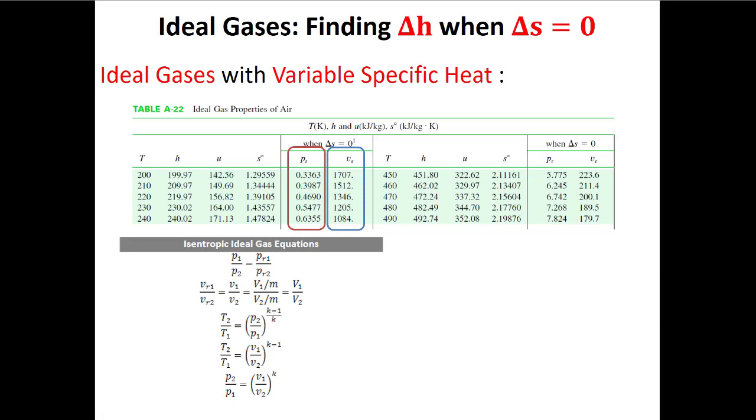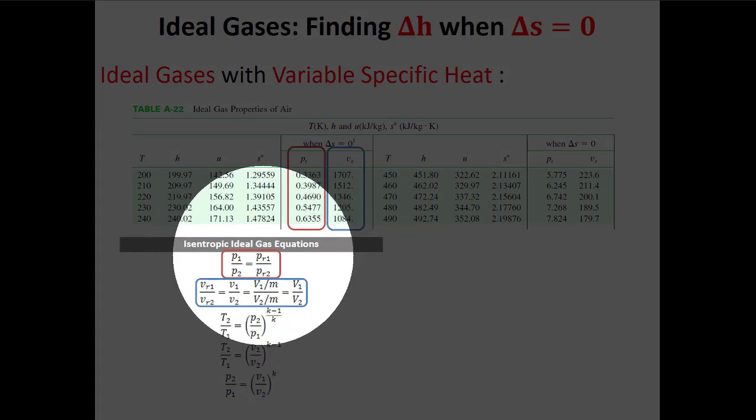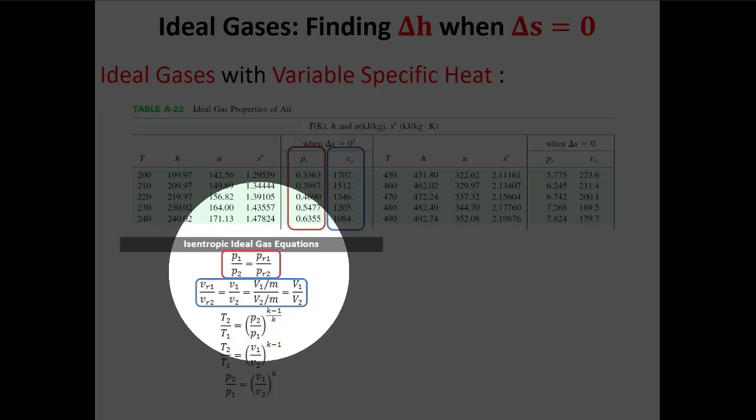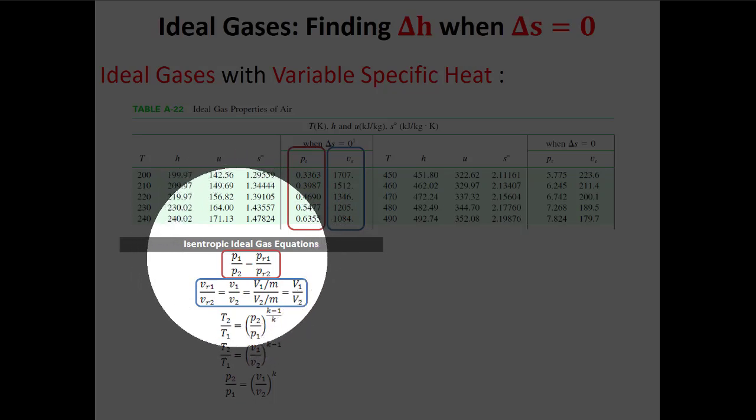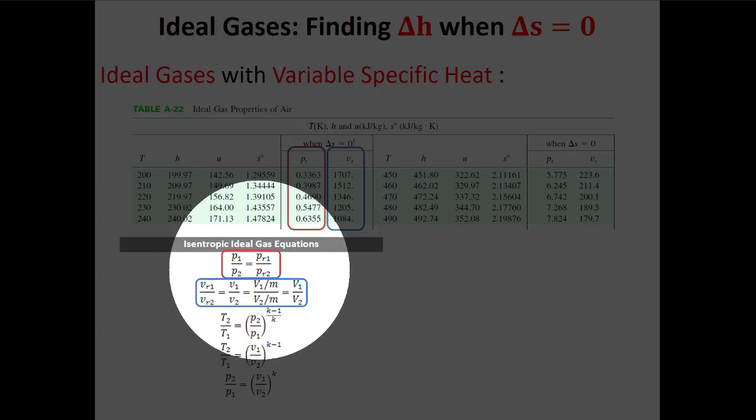So here, you'll go to your equation sheet and you'll look for the part that talks about isentropic ideal gas equations. So now, if I know the pressure ratio, which is often the case when I'm dealing with open systems, then I'll say that P1 divided by P2 is PR1 divided by PR2, right? So if I didn't know the outlet pressure of my turbine, P2, then I could use this to figure it out.